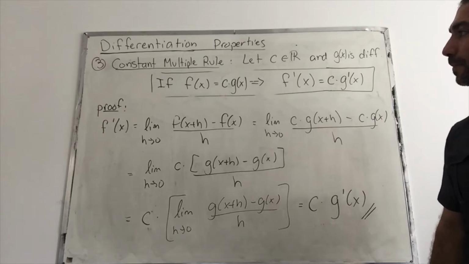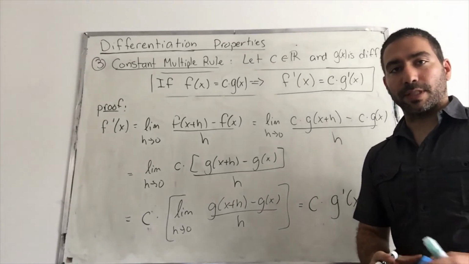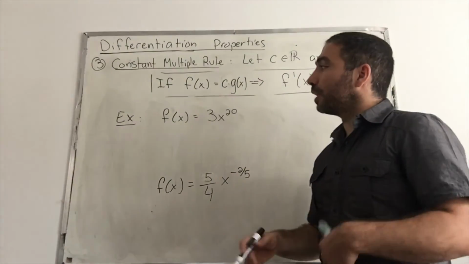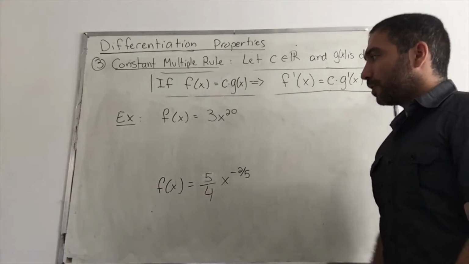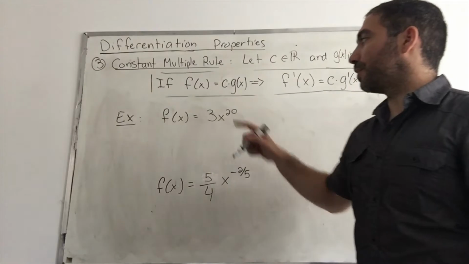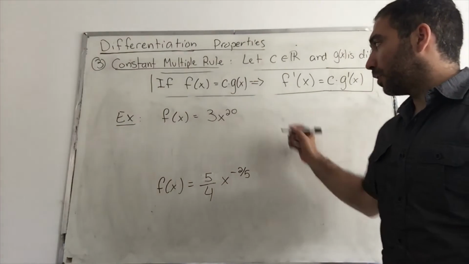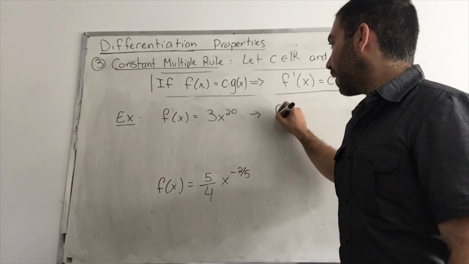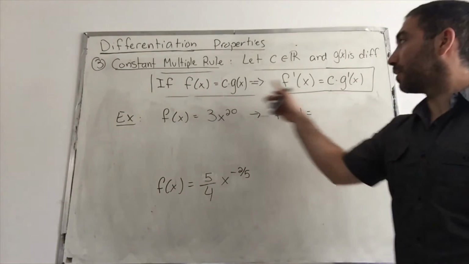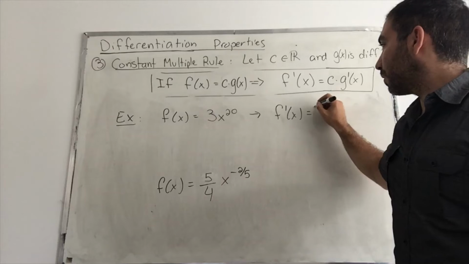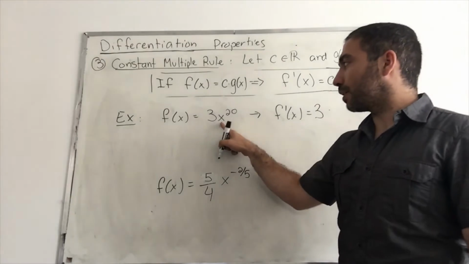We're done. Okay, so let's look at a couple of examples. We'll work on these two examples. Try doing them on your own and then compare your answer with mine. The first function we have up here is f of x equals 3 times x to the 20. We're asked to find the derivative. F prime of x is, we ignore the 3, essentially that's what this rule tells us. Leave the 3 in front, and just deal with the x to the 20.